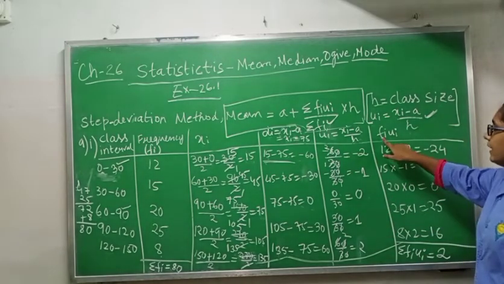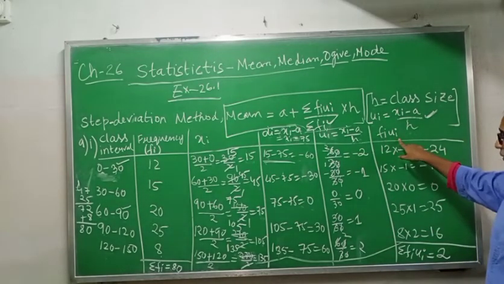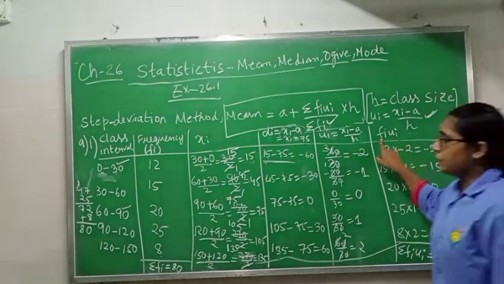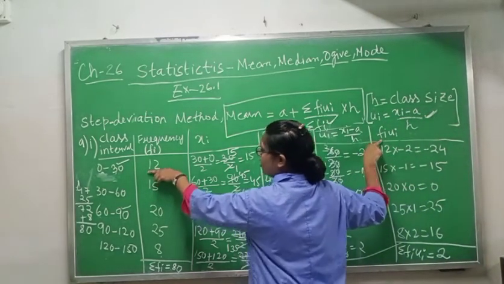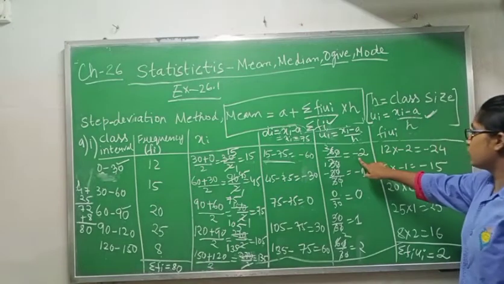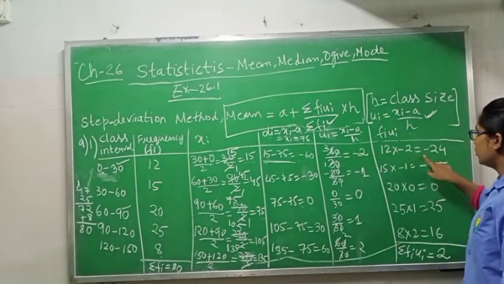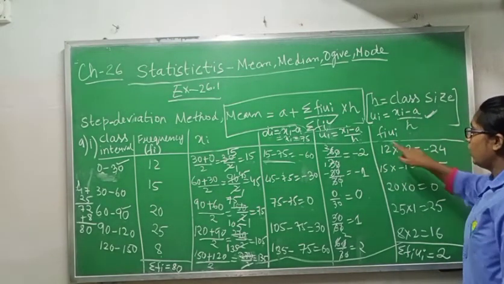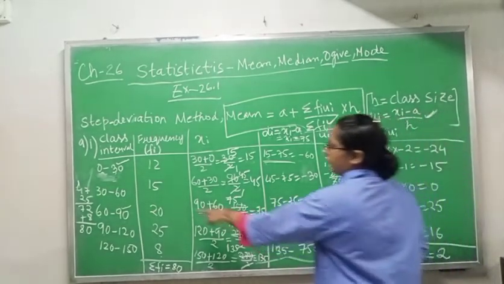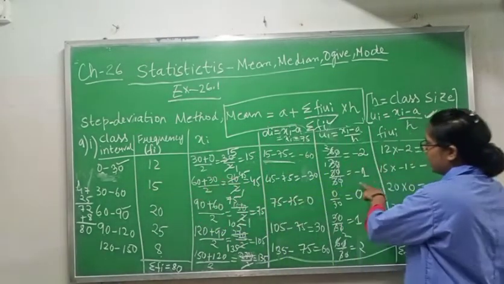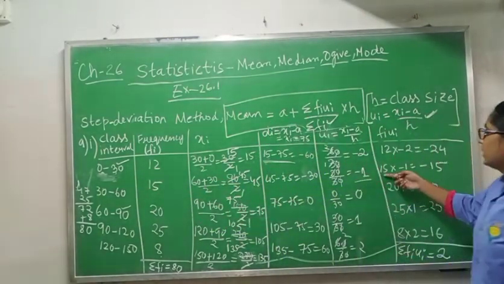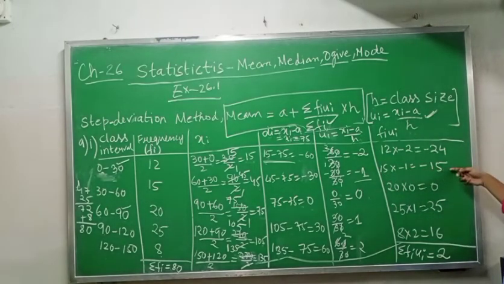Now here you have to find fi ui. Where is fi? In the first one fi is 12 and ui is minus 2. So 12 into minus 2 you will get minus 24. Now fi ui again. fi is 15 and ui you are getting minus 1. So 15 into minus 1 you will get minus 15.